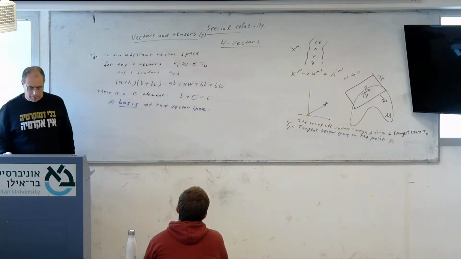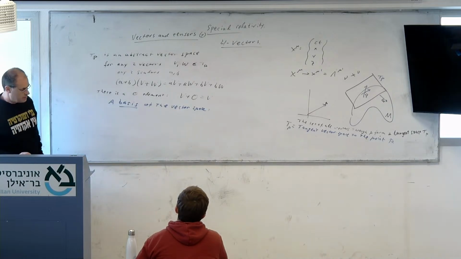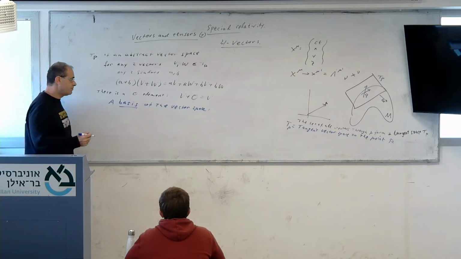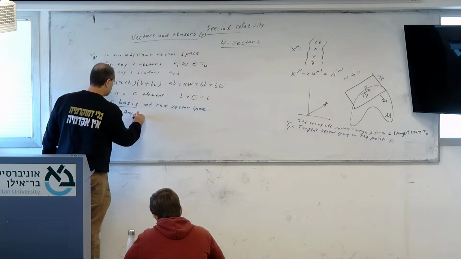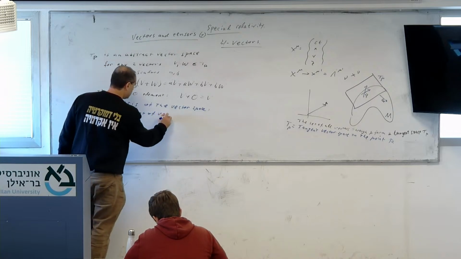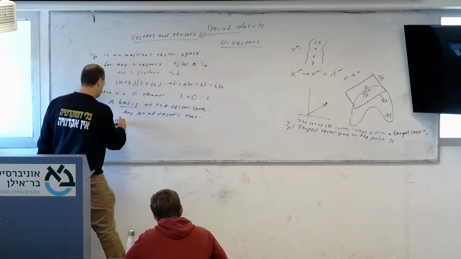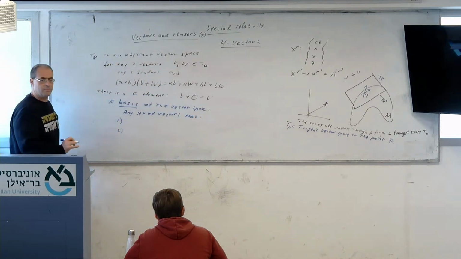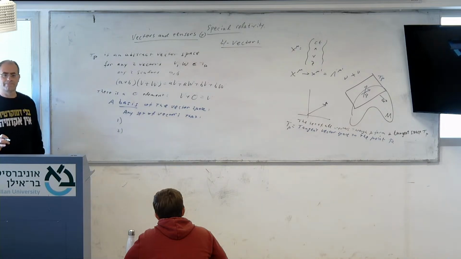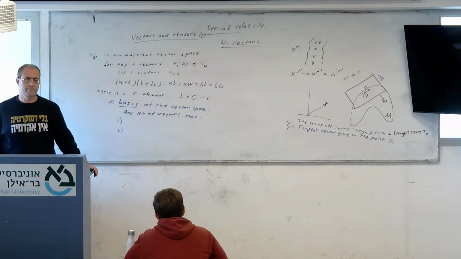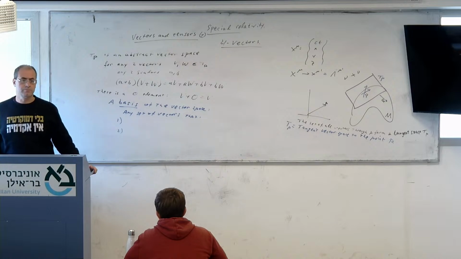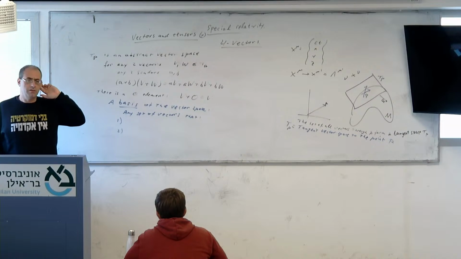So, it's basically any set of vectors that has to fulfill two conditions. What's the first condition? Orthogonal? No, a basis doesn't have to be orthogonal.